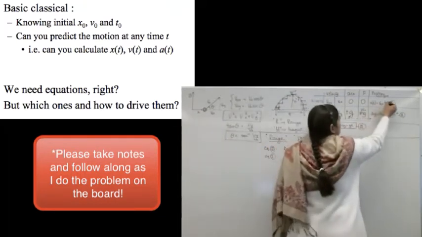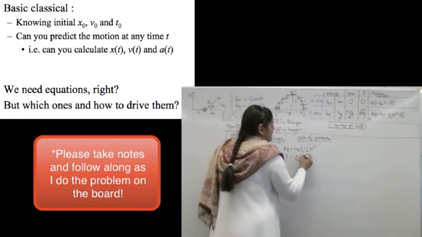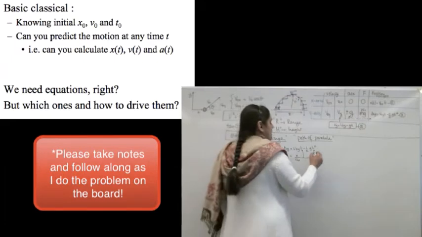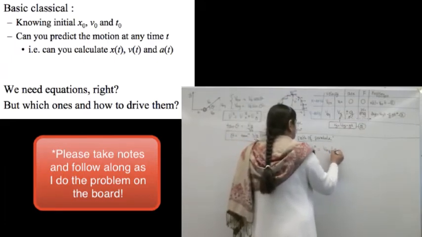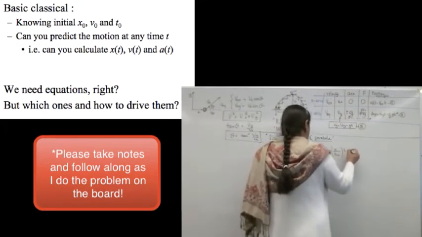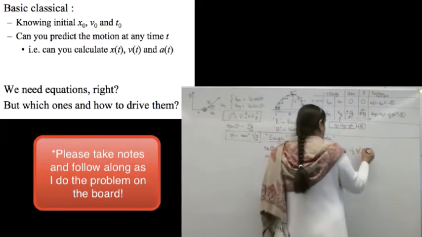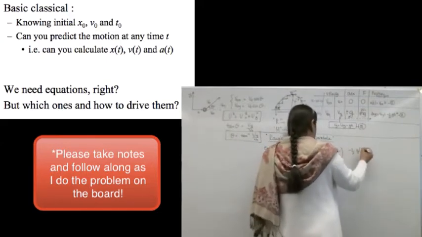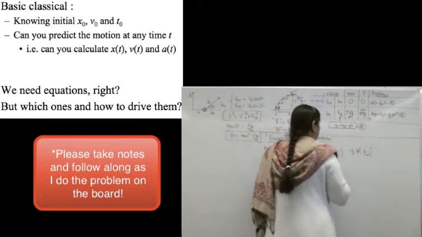See from here? t is x over v naught x. If I have that, I can plug those back into here, which makes it v0y x over v0x minus a half g, and then x over v naught x squared.